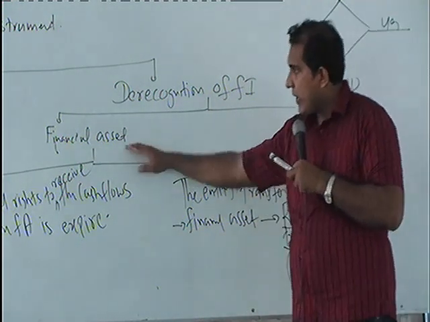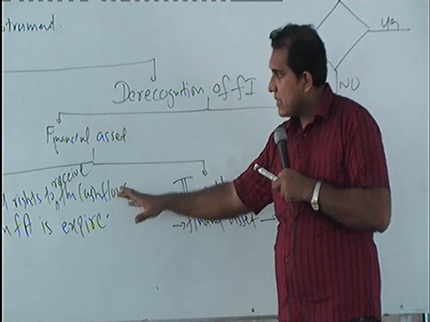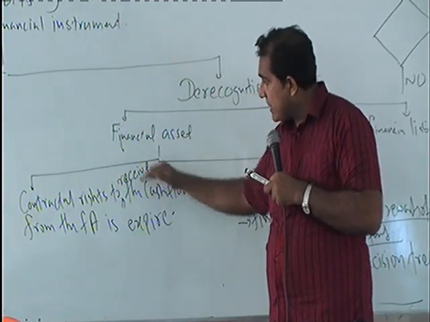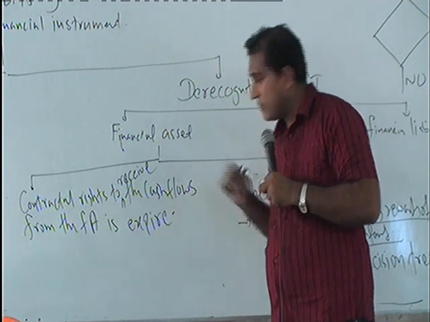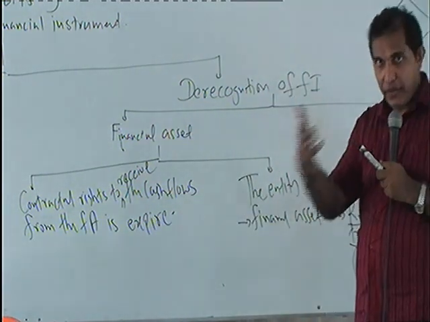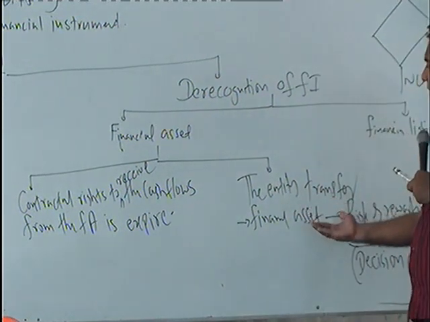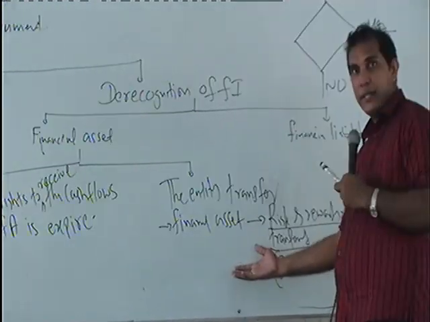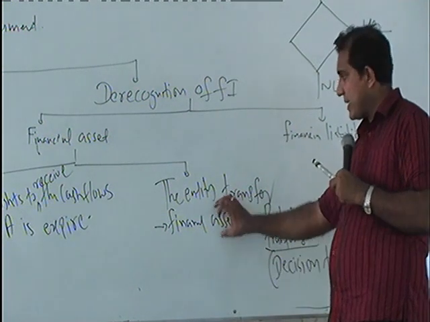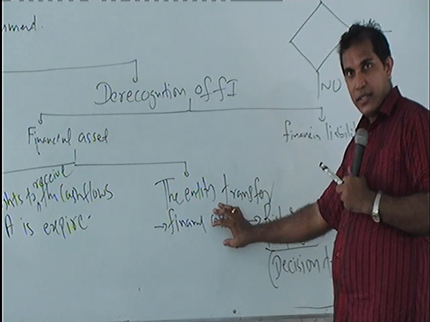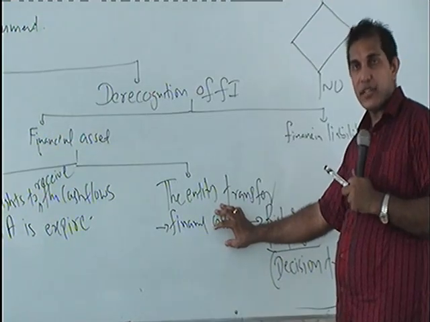Now, a financial asset could be derecognized. This is the first circumstance: the contractual right to receive cash flows expires. I gave an example as well. Next, the second one, the entity can transfer the financial asset. If we can directly say risk and rewards are transferred, then no problem.